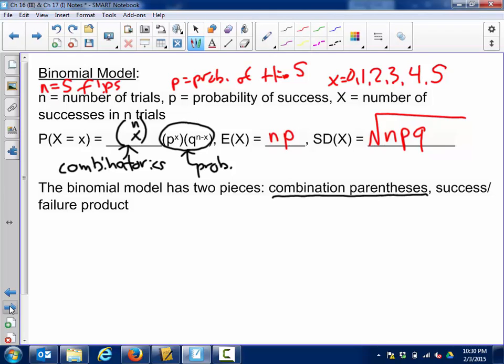All right, so again, we said that we would come back to the combination parentheses, the combinatorics element of the binomial model. The success-failure product, though, let's look at that with an example.